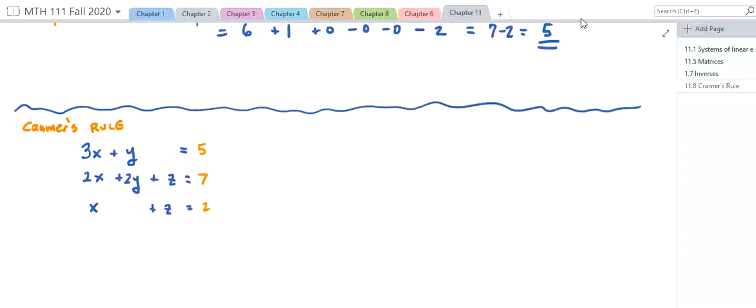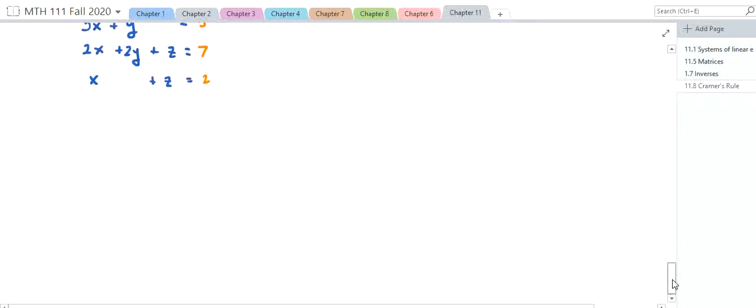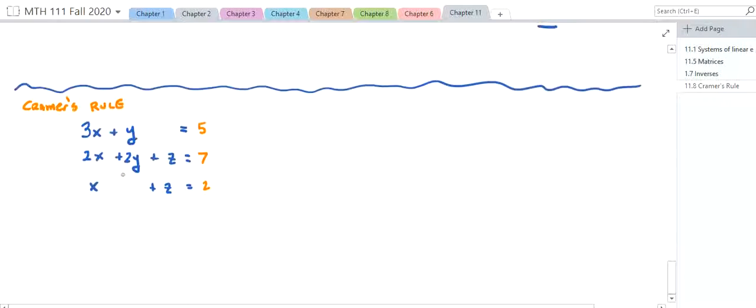For example, say you had this system of equations to solve. So now it's 3 variables. So x equals. So now you've got to create the determinant. So the denominator, actually, let's do that one first.